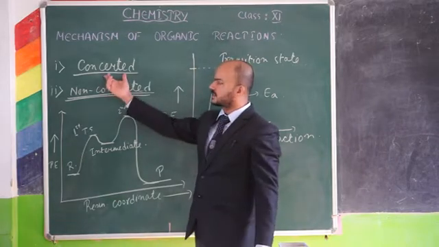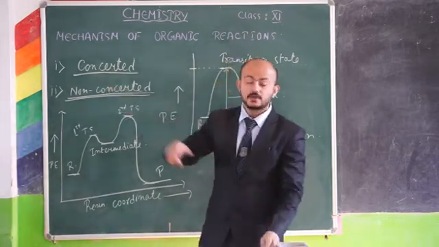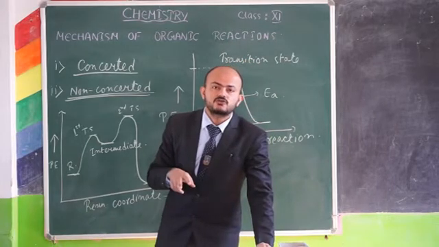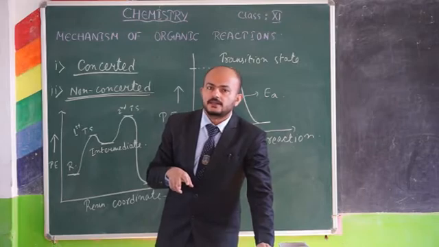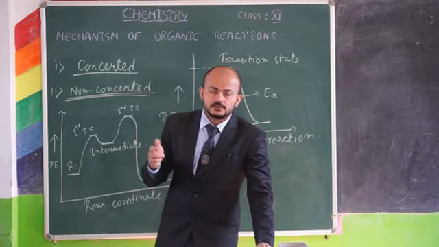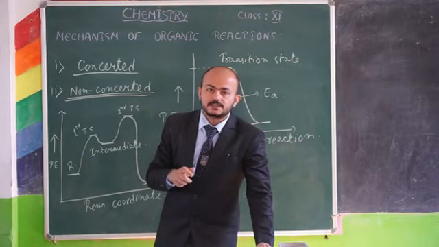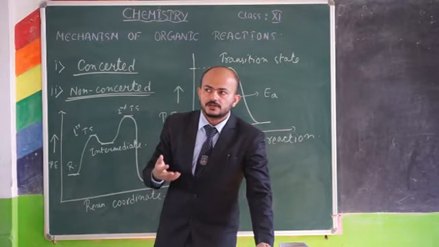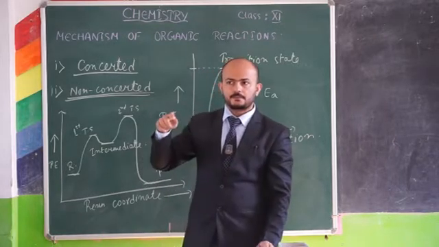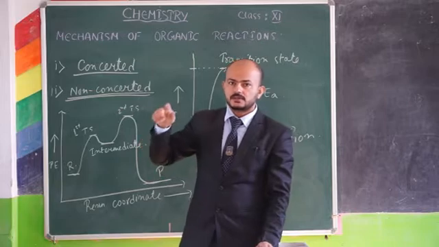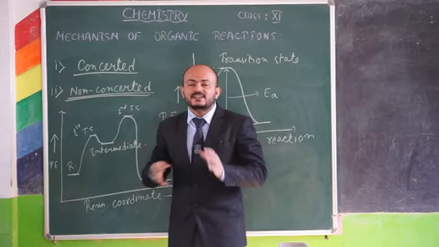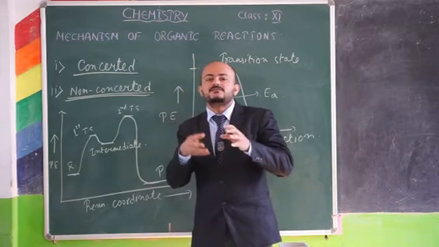Hope you understood. In concerted, no intermediate is formed, whereas in non-concerted, we have an intermediate and two transition states. Now, let me tell you the difference between intermediate and transition state. Transition state is a state in the mechanism of a reaction in which you will not be able to isolate the product formed in between.